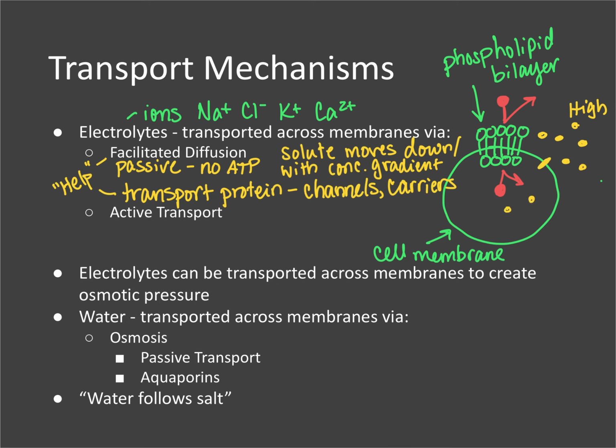So let's say we put our little channel carrier in there. In this case, this molecule would diffuse into the cell because there is a higher concentration of it outside the cell and a lower concentration of it inside the cell.